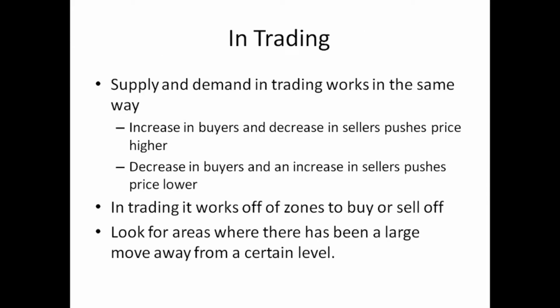The same thing works in trading. An area of demand sees a lot of buyers entering a market at a certain price, driving the price of that pair or product higher. Conversely, for an area of supply, a lot of sellers come into the marketplace, placing a lot of selling pressure on the currency pair and pushing the price lower.